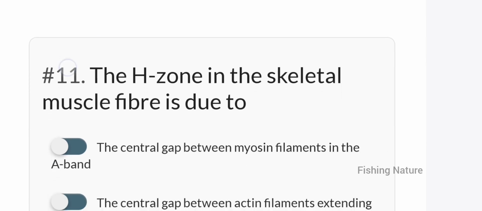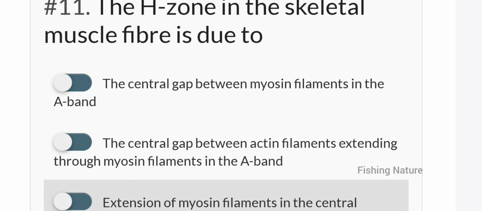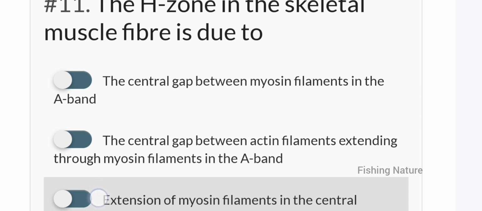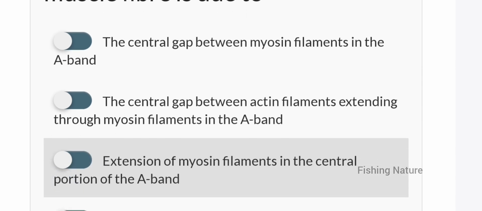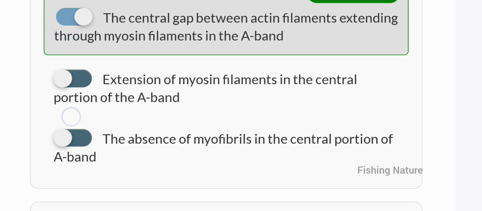Next, the H zone in the skeletal muscle fiber is due to the central gap between the myosin filaments in the A band, or the central gap between the actin filaments extending through myosin filaments in the A band, or extension of myosin filaments in the central portion of the A band, or the absence of myofibrils in the central portion of the A band. It is due to the central gap between the actin filaments extending through the myosin filaments in the A band.